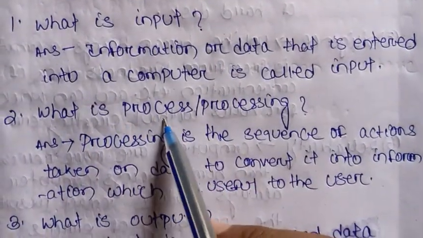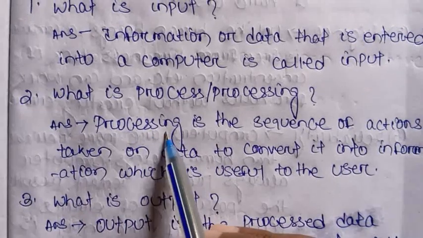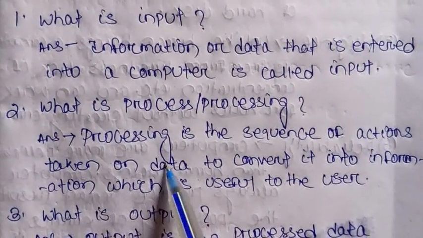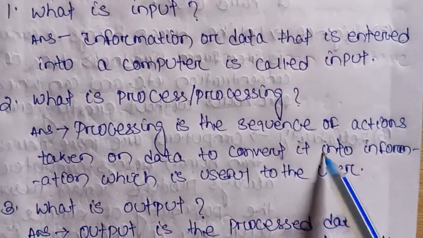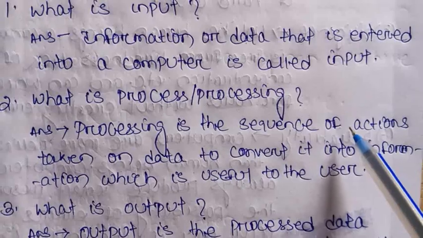Next, what is process or processing? Processing is the sequence of actions taken on data to convert it into information which is useful to the user.